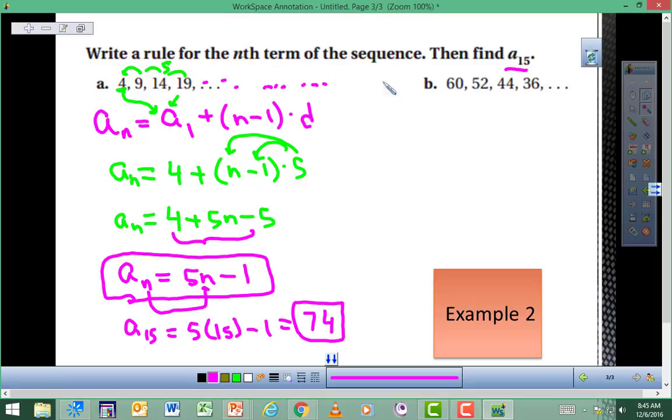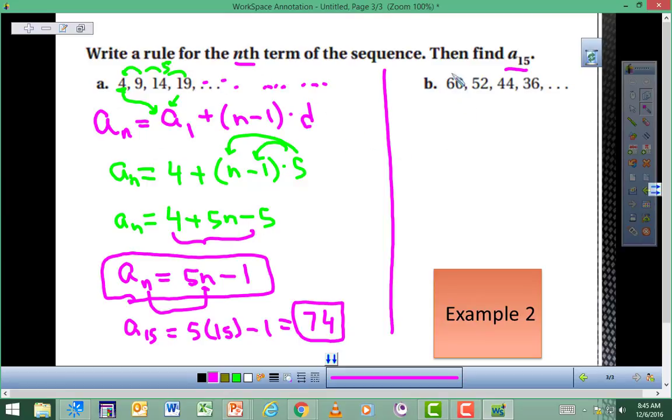Okay, so any questions on that one? Okay, so let's do another one here. When you're doing an arithmetic sequence, yeah. What if there isn't a common difference? What do you do? Yeah. If there's no common difference, then it's not arithmetic. And so that's what we state. We say it's not arithmetic. If it is arithmetic, then we can find a rule using this little formula right here. Okay?